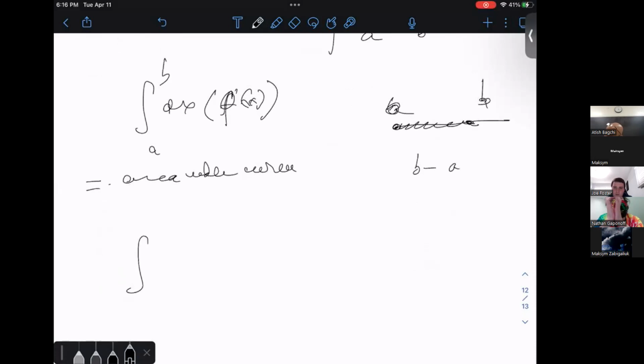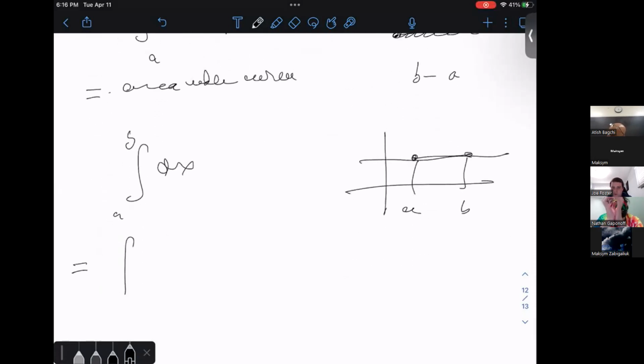So if I integrate the constant function 1 from a to b, that's the integral of dx. So we're only looking at how it changes on the x-axis. Yes, it is the area, which numerically is equal to the length.